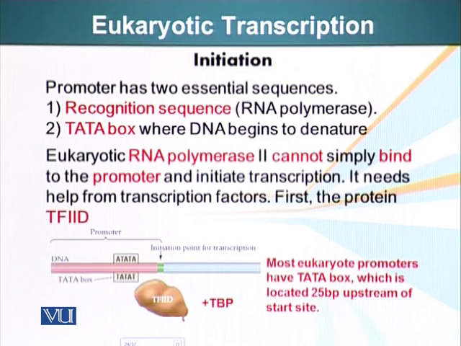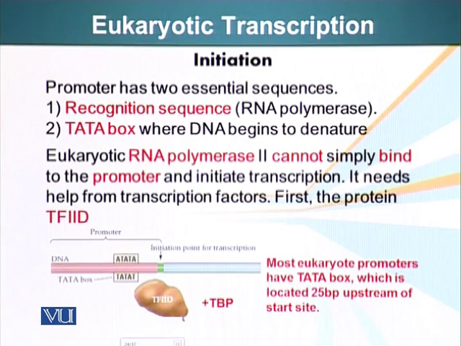RNA polymerase I in eukaryotes is responsible for making ribosomal RNA, and RNA polymerase III is responsible for making other types of RNAs, like snRNPs, which we will talk about later, and also tRNA. But transcription of structural genes is done by RNA polymerase II.